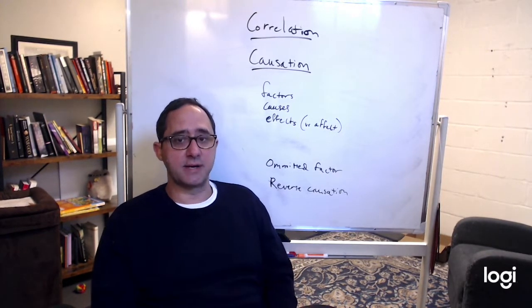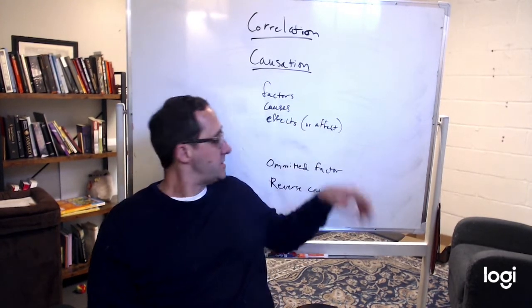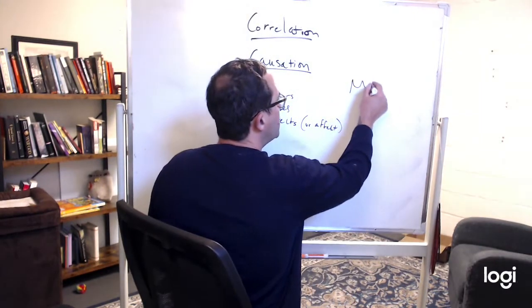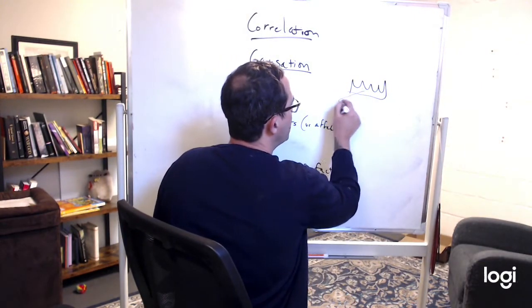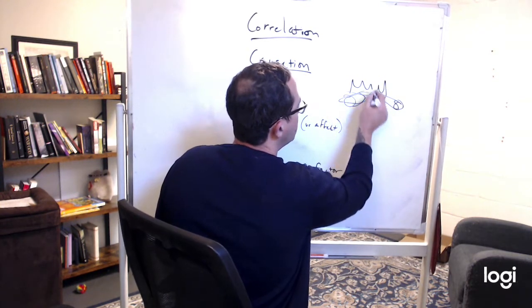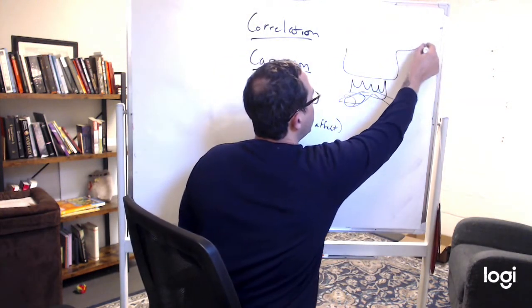First thing we need to talk about are factors. So if we have a fire, okay, this is fire coming from some wood, okay? Okay, there's fire. And then there is a pot on this fire.